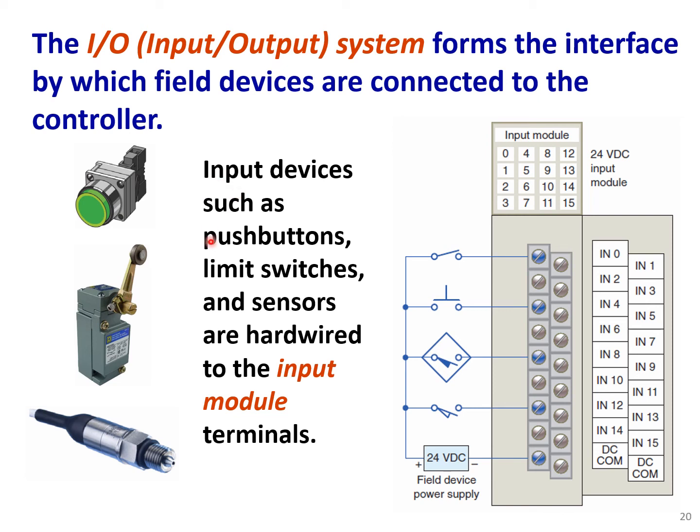Input devices such as push buttons, limit switches, and sensors are hardwired to the input module terminals. Once we connect these input devices to the input module of the PLC, then we don't need to touch the wire anymore later.